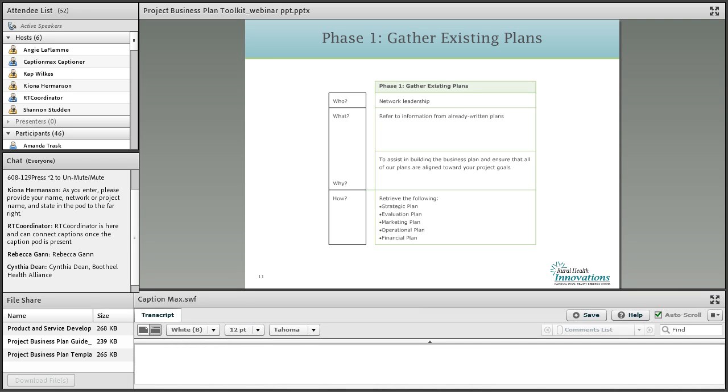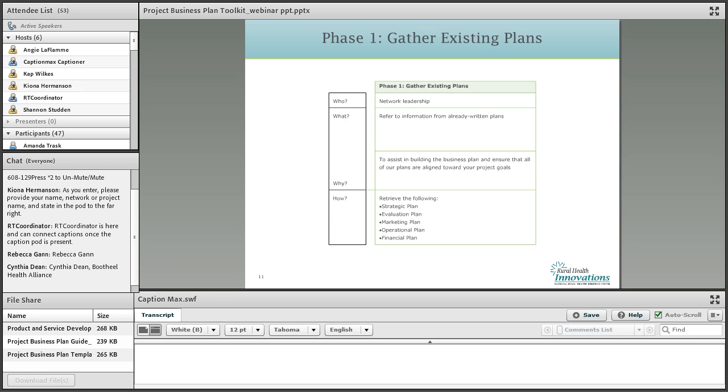And you'll want to have these at the ready as you're going to be referring to the information in these plans as you begin to compile your business plan. And so the purpose of this phase is to have all of your previous considerations and planning in front of you so that you're not reinventing the wheel as you begin developing your business plan.